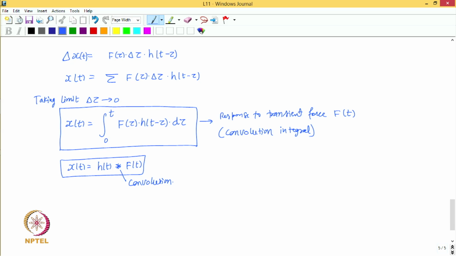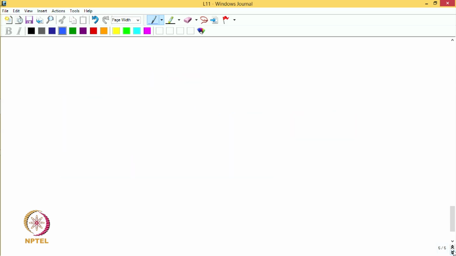So, let us now consider a multi-degree of freedom system with proportional viscous damping. Okay.